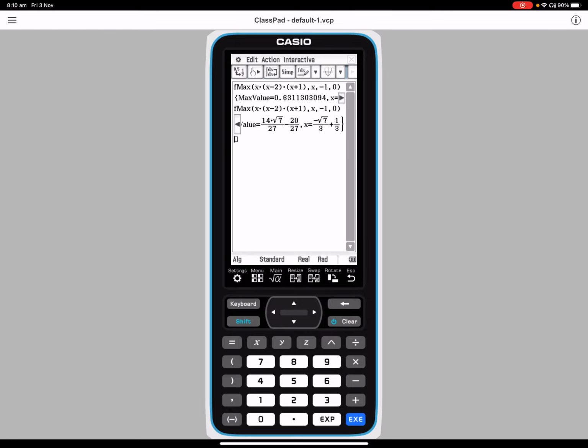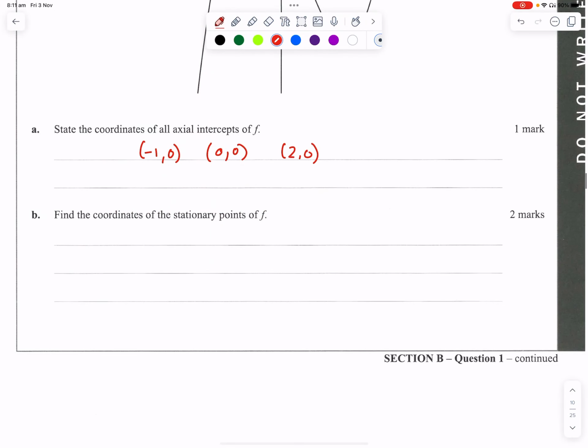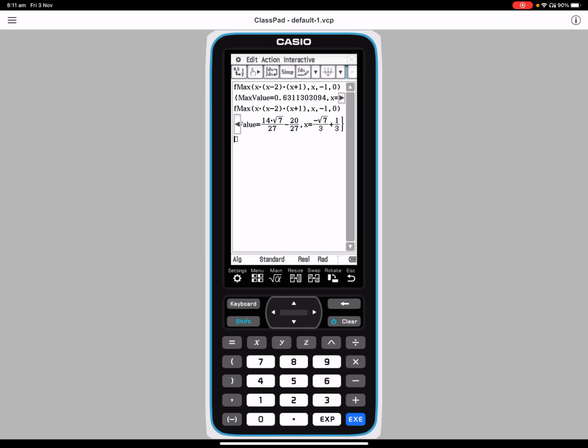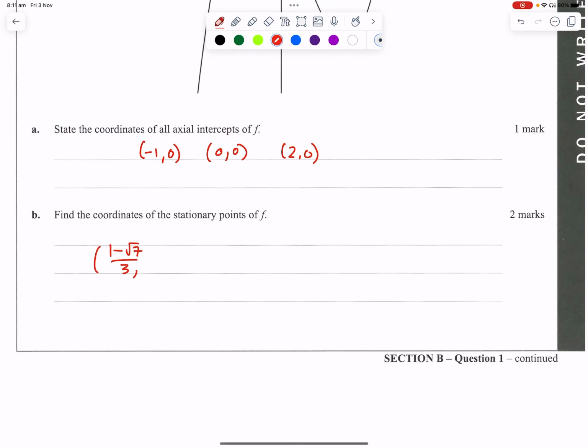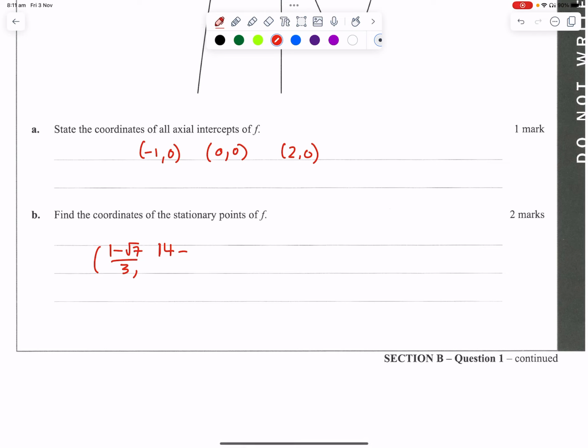So we get 1 minus root 7 on 3. And our y value, 14. What the hell's going on? Minus 14 root 7 minus 20 on 27.